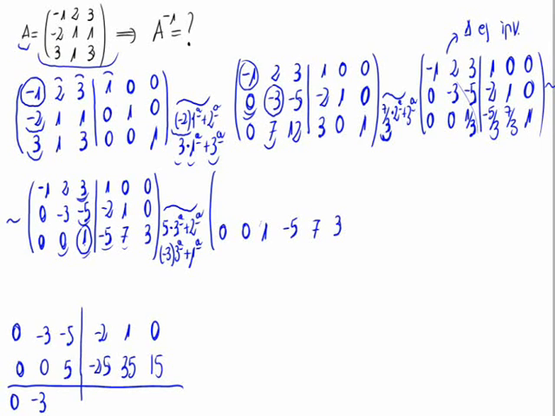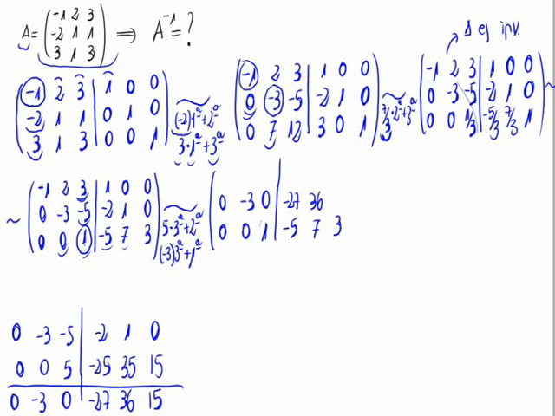Now we add. 0 plus 0 equals 0. Negative 3 plus 0 equals negative 3. Negative 5 plus 5, 0. Negative 2 plus negative 25, negative 27. 1 plus 35, 36, and 0 plus 15, 15.